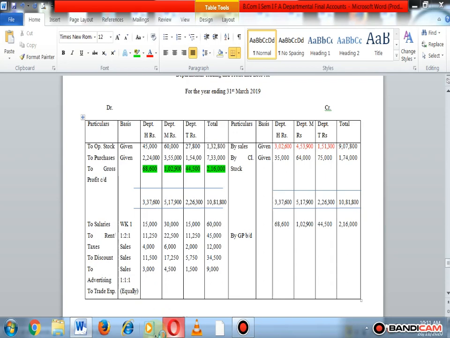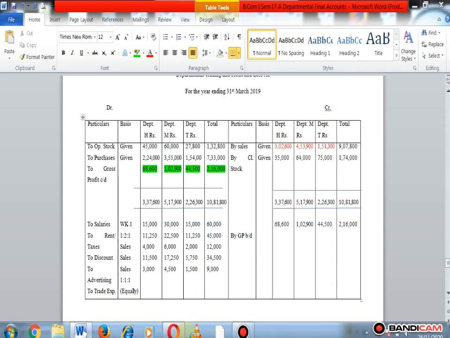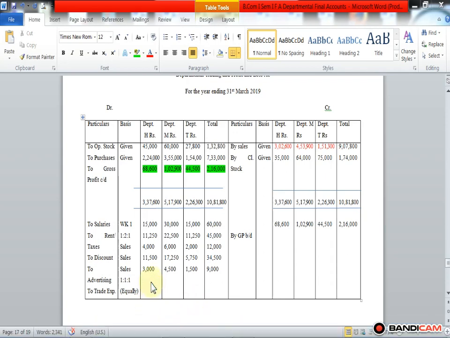Okay, so the amount of depreciation is 15,000.